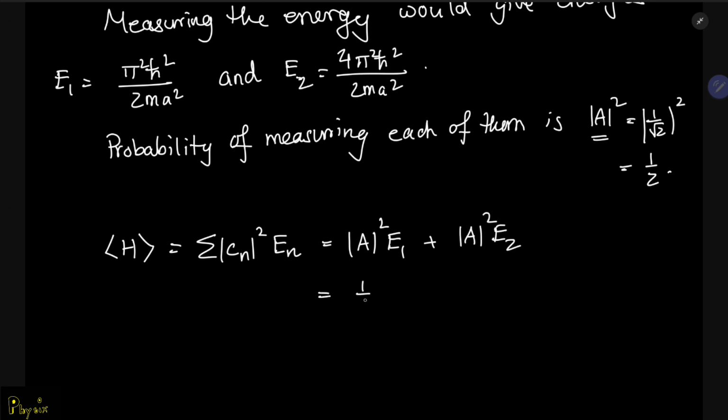And since A squared is 1/2 and E1 is pi squared h bar squared all over 2ma squared, you have this term that looks like this. And you can further simplify it if you want to, but I like to keep it like this because I don't want to do further algebra.